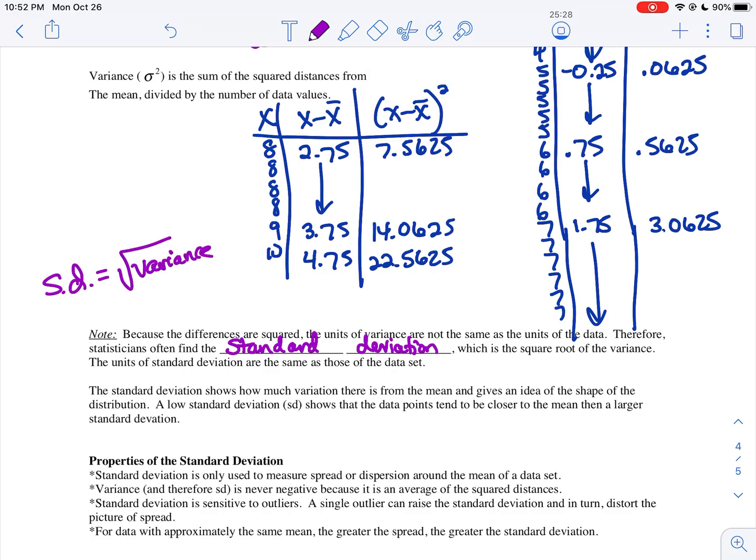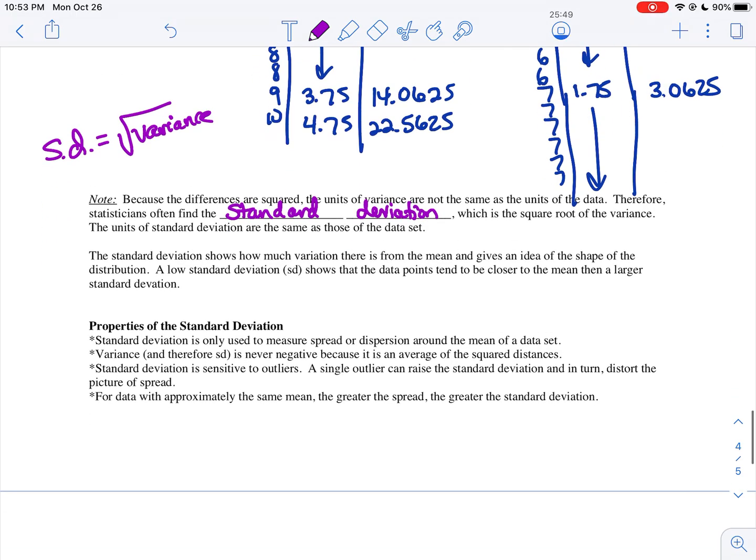The standard deviation shows how much variation there is from the mean and gives an idea of the shape of the distribution. A low standard deviation shows that the data points tend to be closer to the mean than a larger standard deviation.